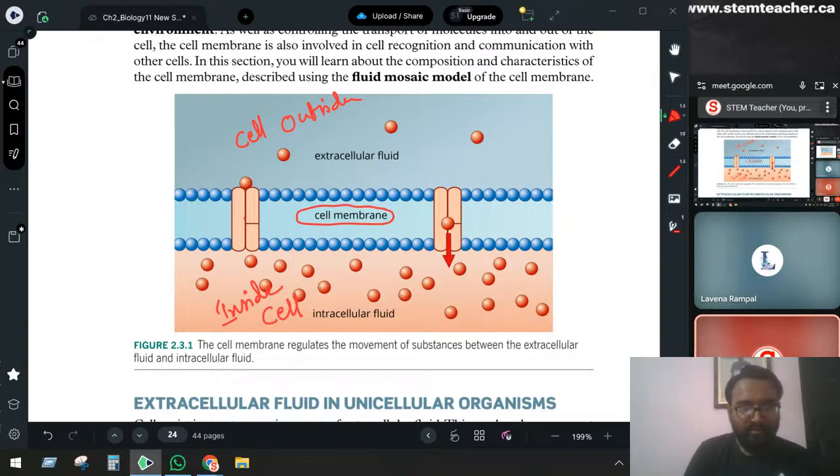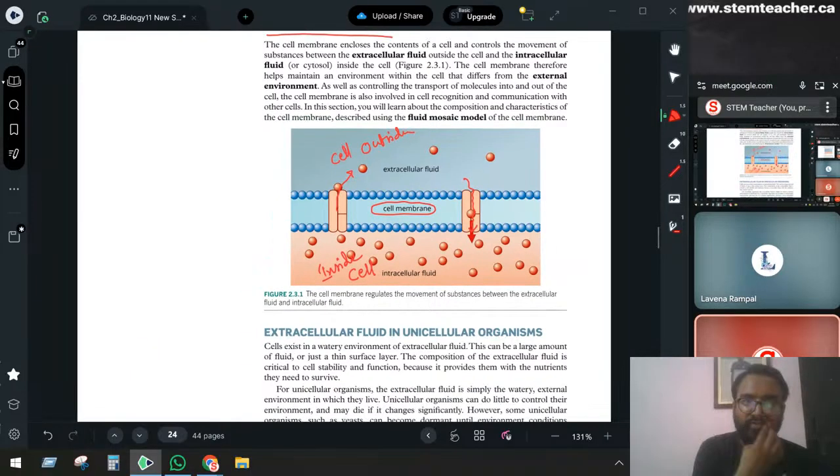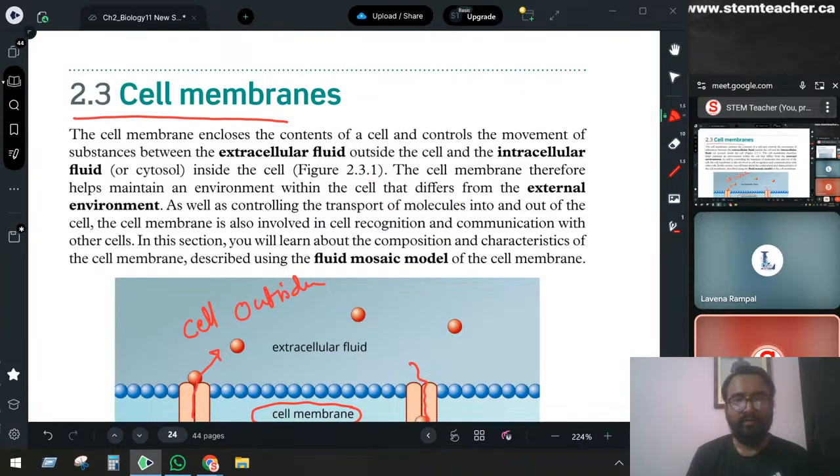Something is going outside, something is coming inside. It is the main gate, the main entry. So you can find all the applications here.